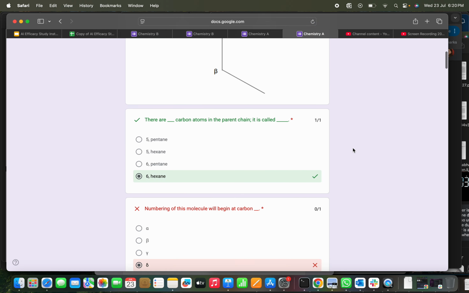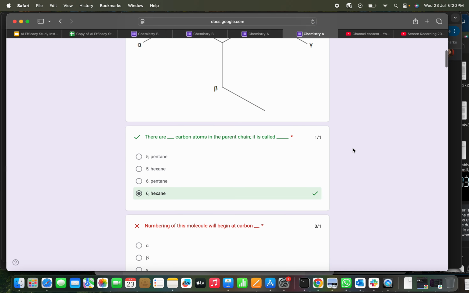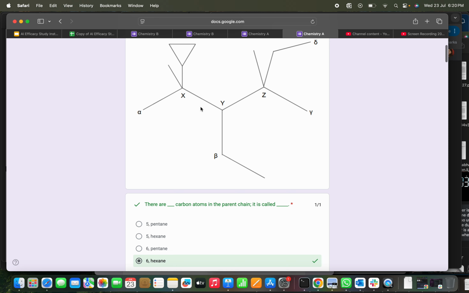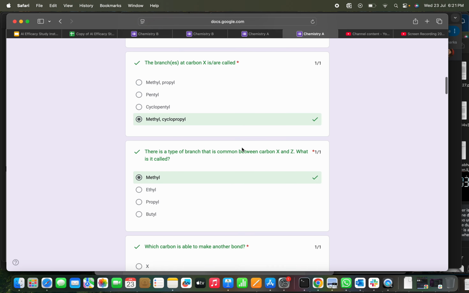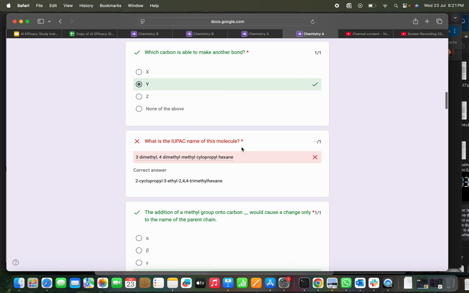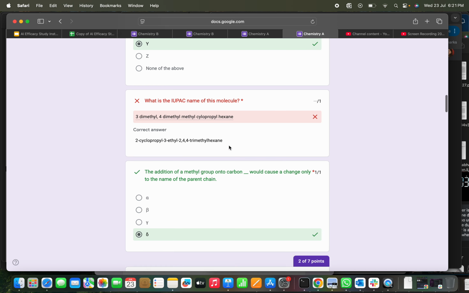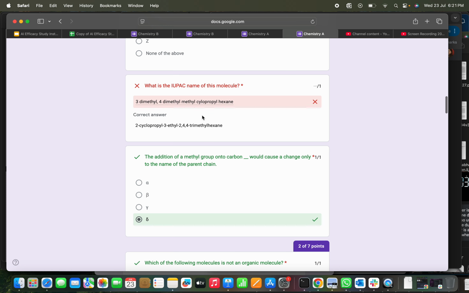So there are 5 carbons. Oh, why? 1, 2. I misunderstood that then. 4, 5, 2, 3, 4, 5, 6. 2 cyclopropyl. And this is supposed to.